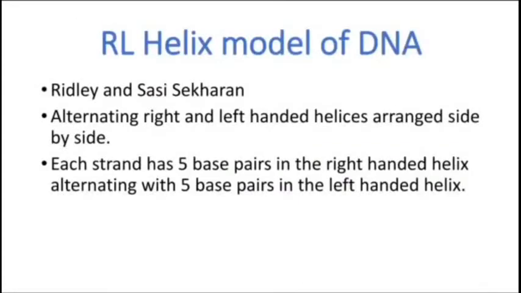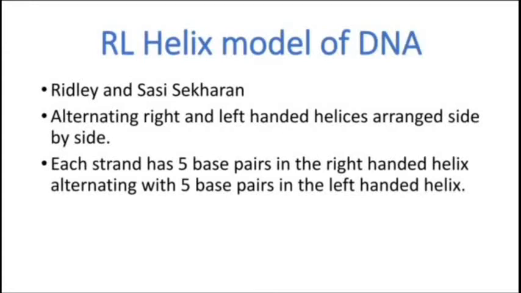According to Sasisekharan and colleagues, the DNA duplex is formed of alternating right and left-handed helices arranged side by side. Hence, this model is called the right and left helix model of DNA, or RL helix model of DNA.